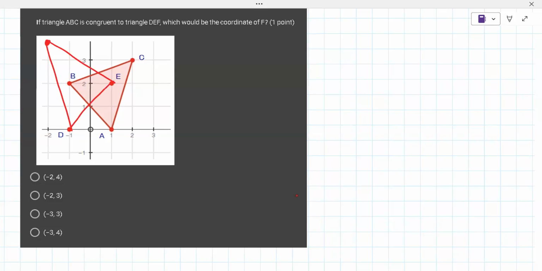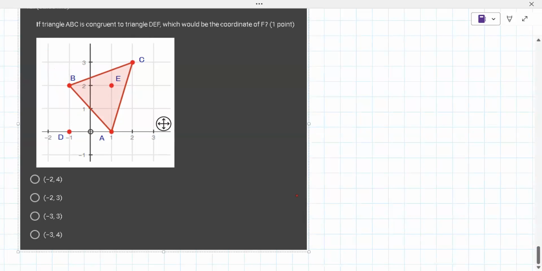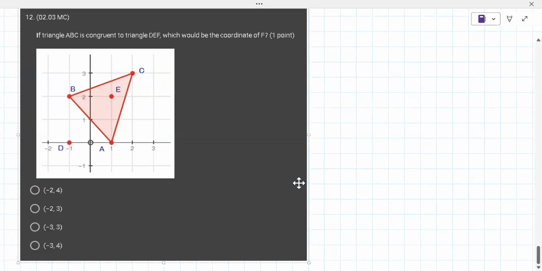Do these look congruent? Mm, no, I would say the other one's a little taller. Yeah, that's good. Good eye on that. So then you say, okay, that one's out. So minus 2, 3, and you draw kind of the same thing here. Does this one look congruent? Yeah, sure does.